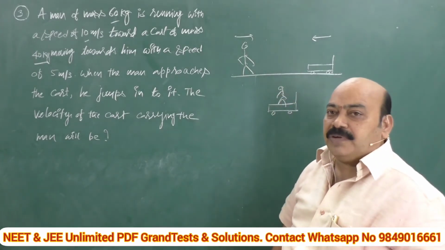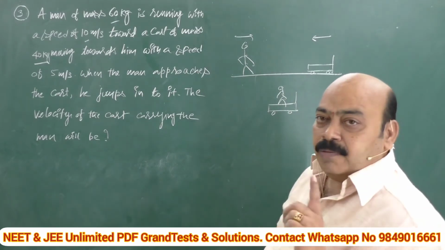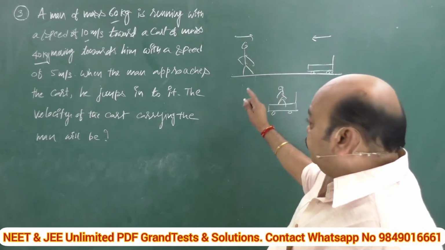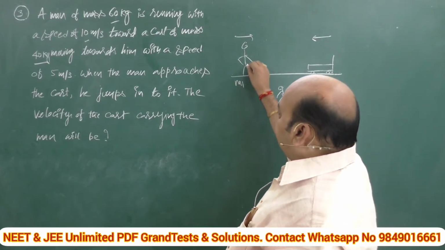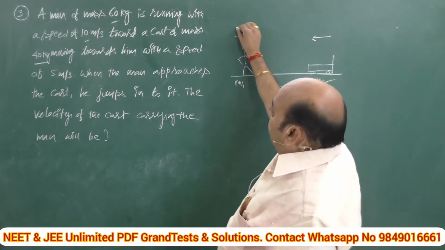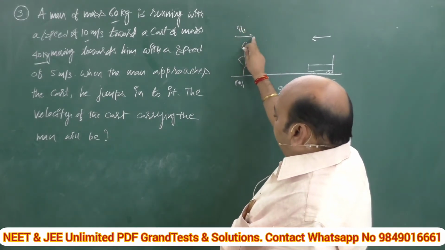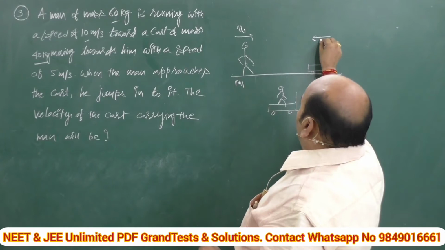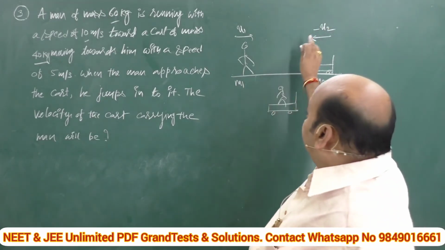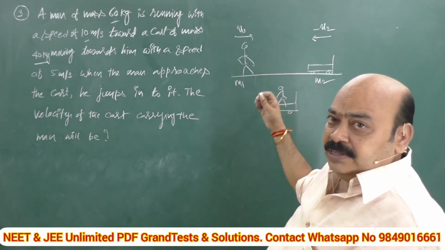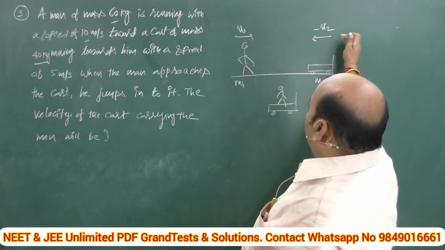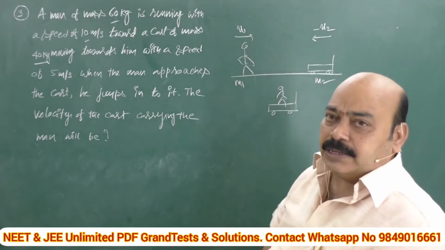Let's apply law of conservation of momentum to this one. Mind the directions are opposite. For example, let m1 be the mass of the man and m2 be the mass of the cart. u1 is the speed of the man, velocity of course. Then you have to consider this as minus u2, not u2. If you catch this point, you can do it very easily, because left to right is taken as positive, and right to left must be taken as negative.